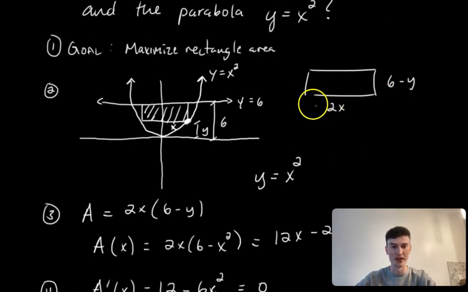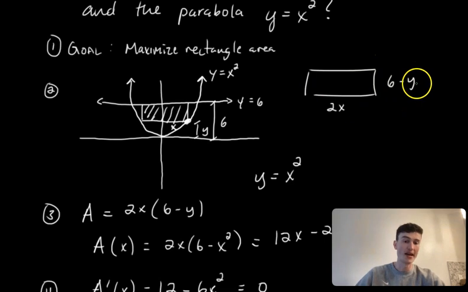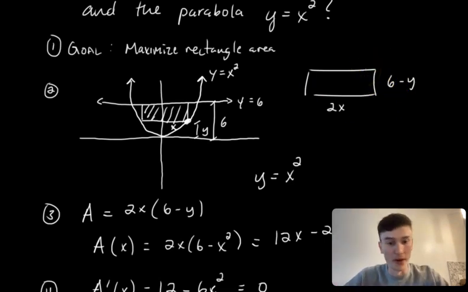If x equals root 2, which is the x that corresponds to a maximum area, we plug that in here and we get 2 root 2 for the length, and then 6 minus y is x squared, so 6 minus 2, so 4 for the width or the height.